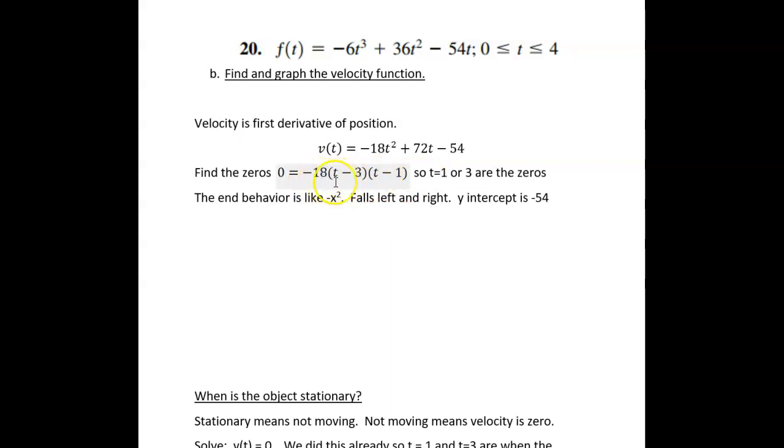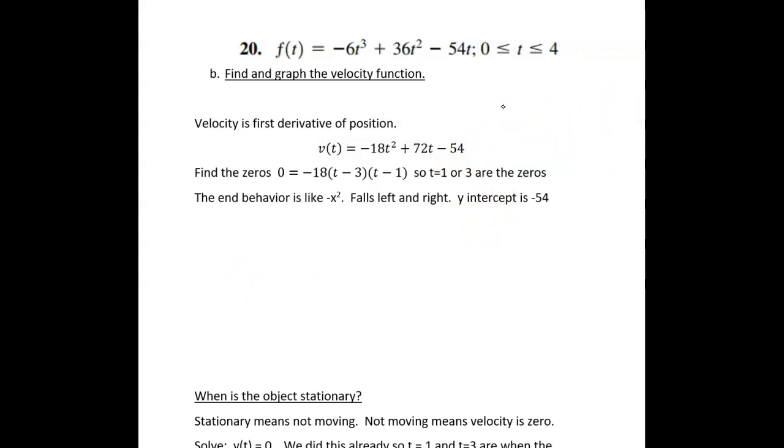The negative 18 can never be 0, so we can ignore that. This is a degree 2 function. So the ends are going to go like x squared, except this is a negative, so the ends are going to go like negative x squared, going to fall to the left and fall to the right. And the other thing that's easy to graph is you put in 0 for t and you get negative 54, so the y-intercept is negative 54.